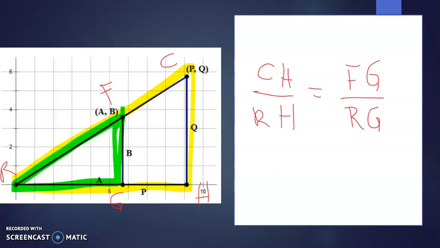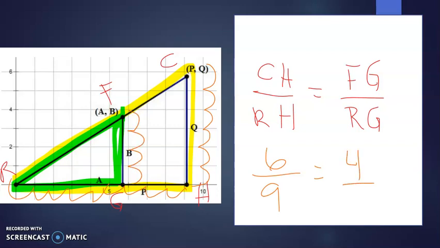CH is 1, 2, 3, 4, 5, 6 over 1, 2, 3, 4, 5, 6, 7, 8, 9, and FG is 1, 2, 3, 4 over 1, 2, 3, 4, 5, 6. Both of those, when they are simplified, is 2/3.